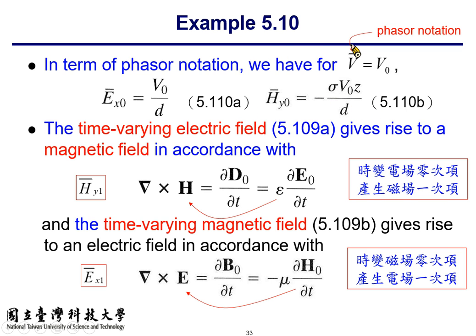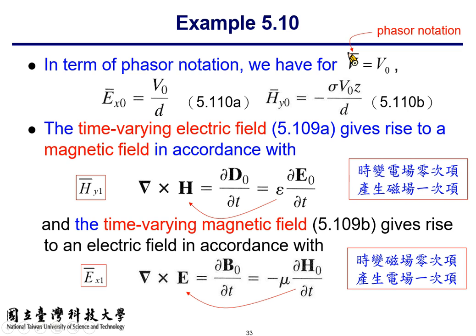so to simplify our expression, we use the phasor notation. That is, replace the cosine omega t term with a hat above the parameter. So E sub x0 means the zeroth order electrical field, V sub 0 over d.